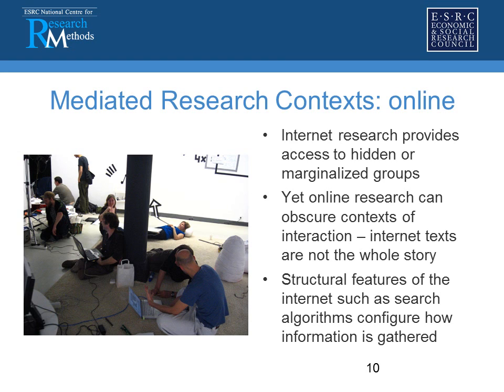Finally, there's a sort of looming challenge for both missing and recontextualizing qualitative information, which is that the structural features of the internet, such as search algorithms, configure how data is gathered, and these are opaque to us. So if I am interested in finding out about some community online and I use a Google search, the algorithm that Google search is based on is going to be entirely related to my previous searches.